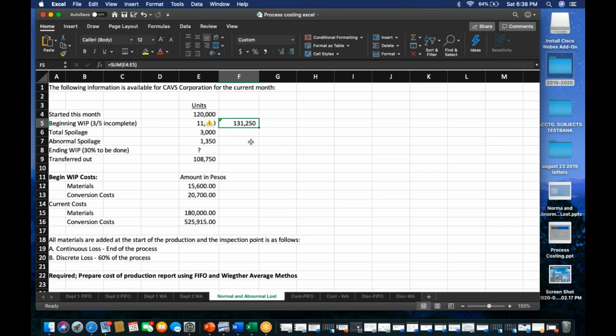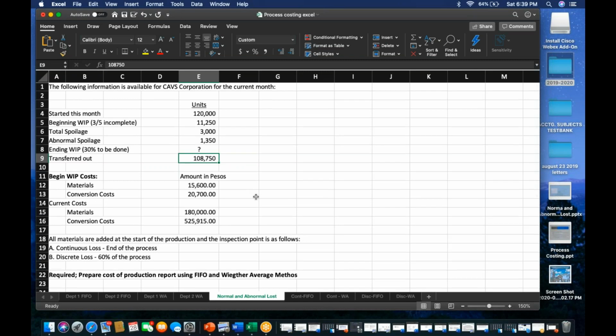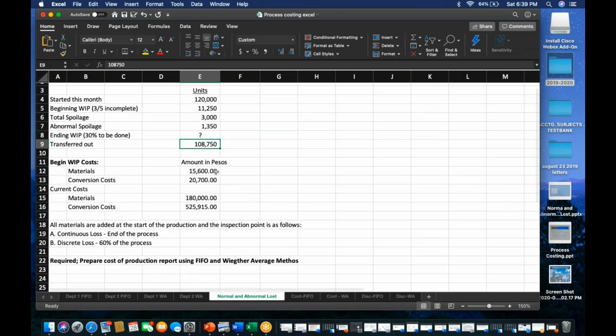Okay, out of 131,250, 3,000 are the total spoilage. From 3,000, 1,350 is abnormal. So the difference between the two is the normal spoilage or the normal lost units. The ending work in process is unidentified yet. The total transferred out is 108,750.